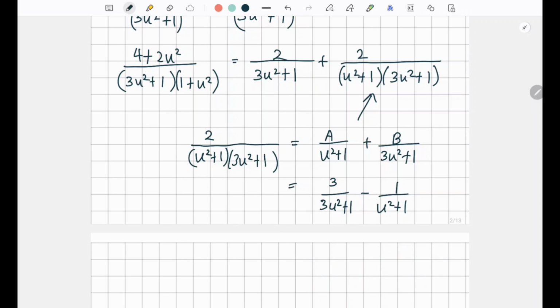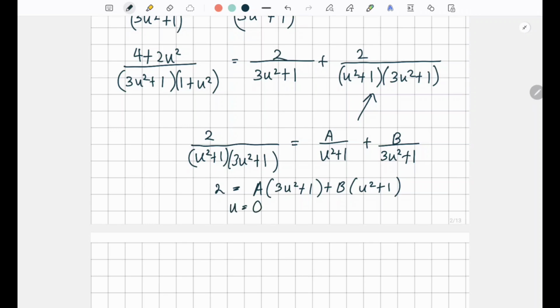Well, you could do this in your head, but if you guys want me to show how you get it using the other method, please drop a comment. I'll help you guys out. So basically, you multiply every term by the denominator, and you'll have a into (3u squared plus 1) plus b into (u squared plus 1), and then you can substitute.